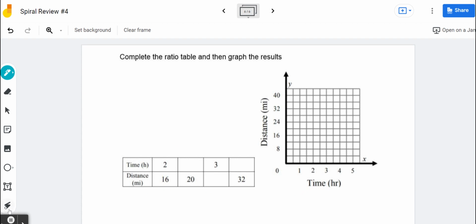This one is giving some students some difficulty because there's no direct relationship here. So what does that mean? That means there's no way for us to multiply 16 to get 20. There's no way for us to multiply 2 to get 3. 3 is not a multiple of 2. And then this one does work. 16 times 2 is 32.